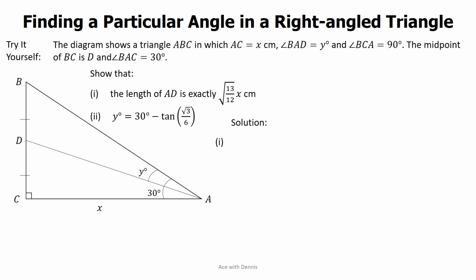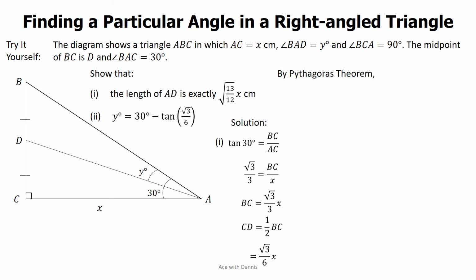So here's the solution. Number one, the length of AD. Firstly, we look at the angle 30 degrees. Tangent 30 degrees will be BC over AC. Tangent 30 degrees is root 3 over 3, and AC is x. So root 3 over 3 equals BC over x, and BC will be root 3 over 3 x. We know that CD is half of BC, so it will be root 3 over 6 x.